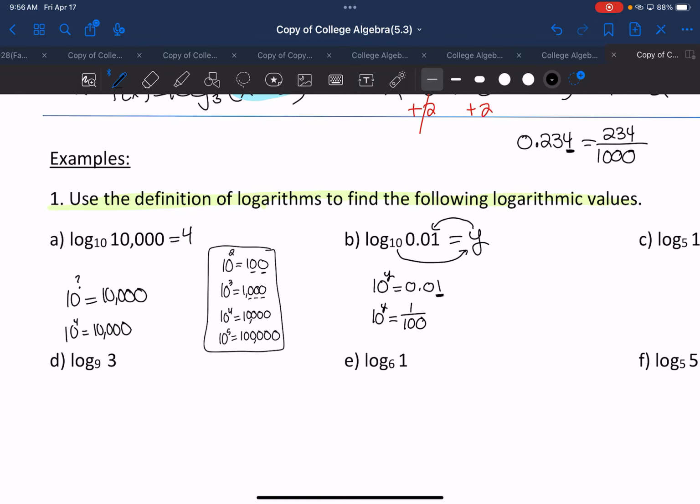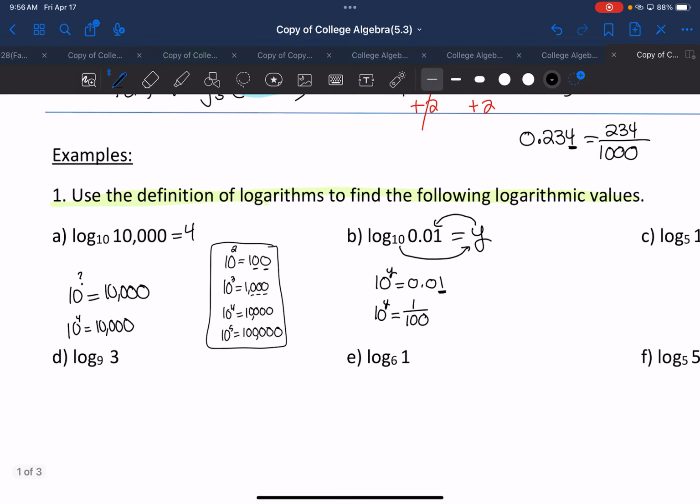Okay, so now 100 can be written, I'm going to rewrite this up here, 10 to the y power equals, 100 can be written as a power of 10, like we just saw, as 10 squared, right? 10 squared is 100.